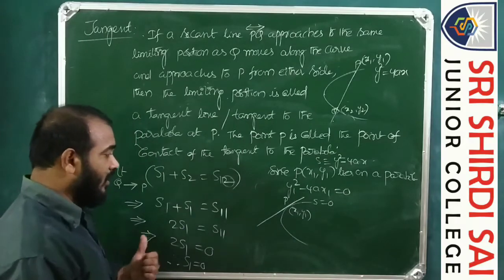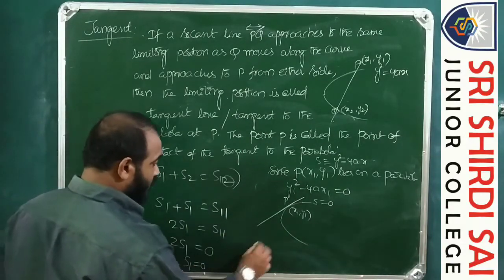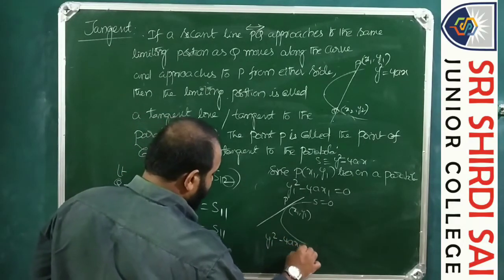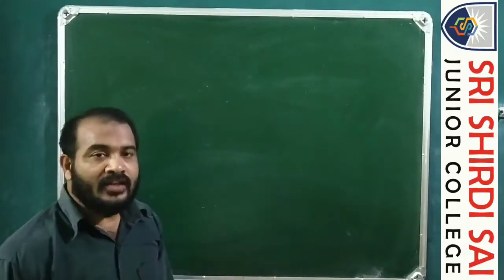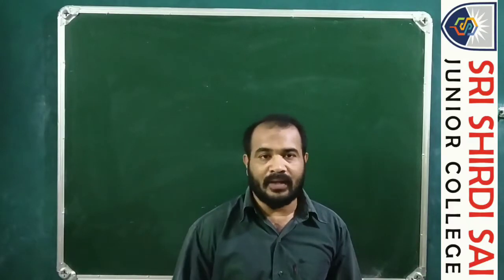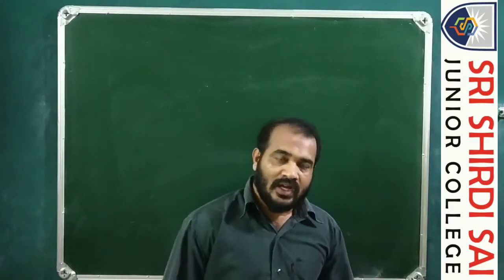Therefore the equation of the tangent to the parabola is S1 equals 0. What is S1 equals 0? y1 square minus 4ax1 is equal to 0. This is another proof to find the equation of the tangent to the parabola S equals 0 at P x1 y1.